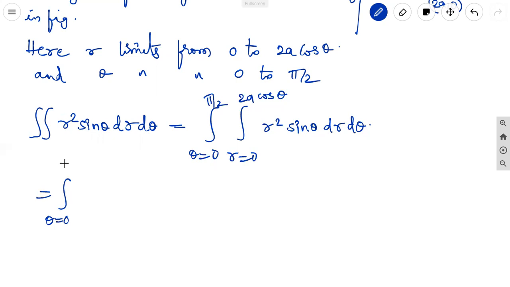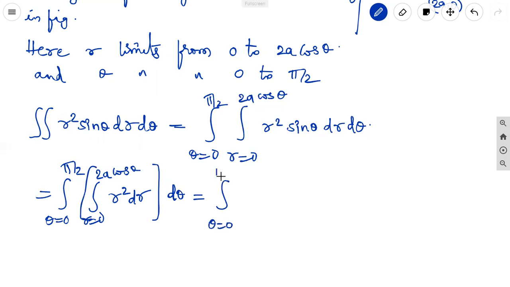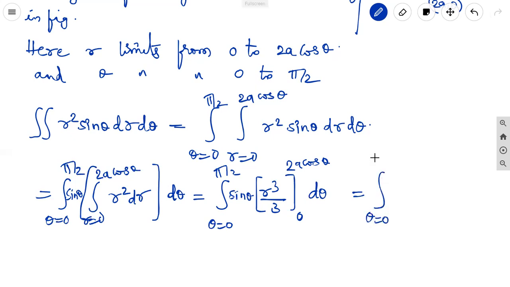So the integral over θ from 0 to π/2 of the integral of r² dr, with r limits from 0 to 2a cos θ, times dθ. The integral of r² is r³/3, with limits 0 to 2a cos θ, and sin θ is also there. So it equals the integral from θ = 0 to π/2 of sin θ times ((2a cos θ)³/3 minus 0³/3, which is 0) dθ.